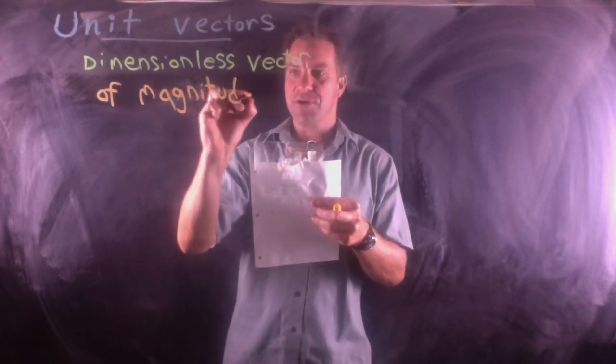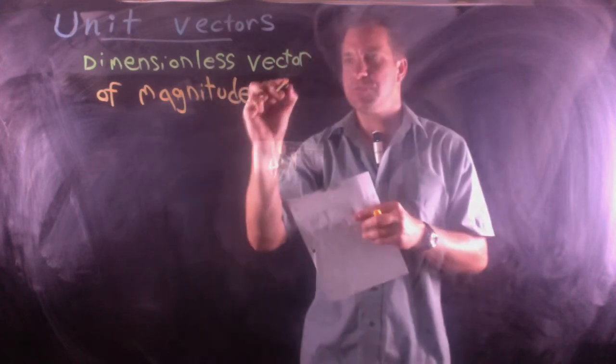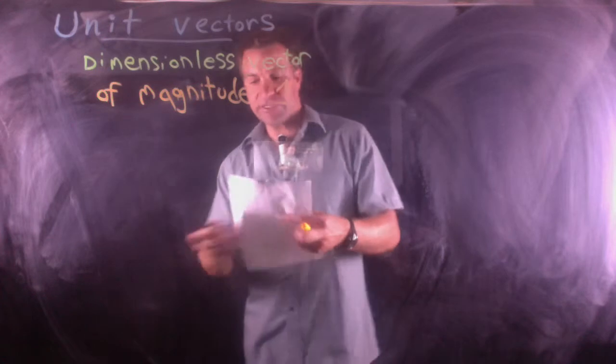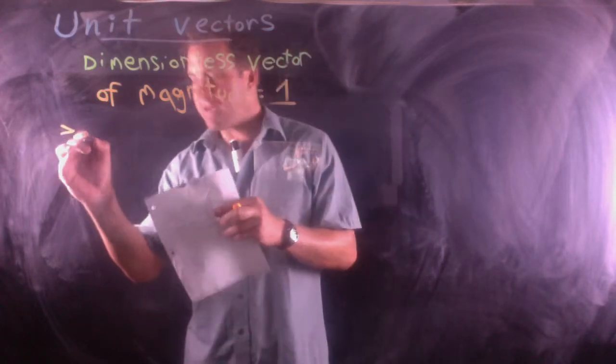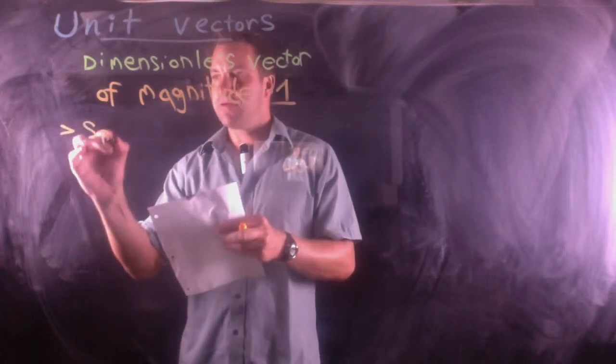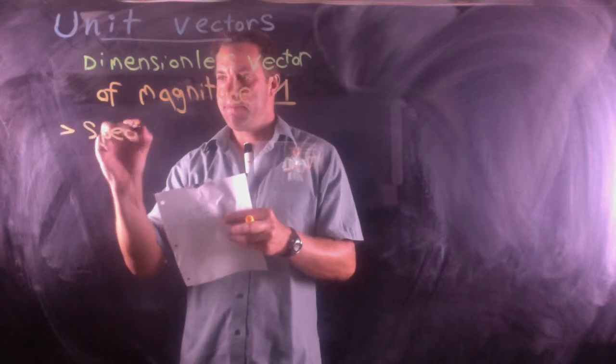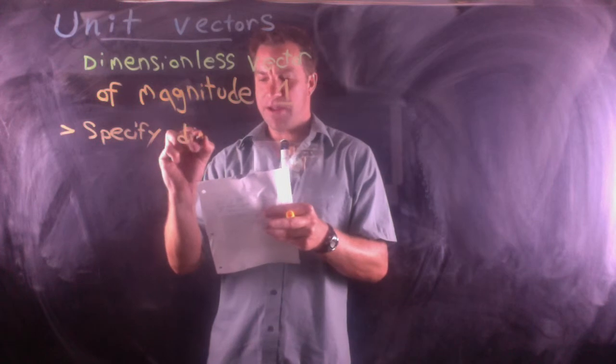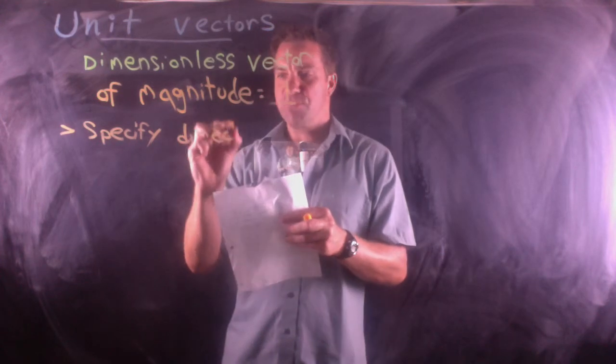Okay, and that's why it's called a unit vector, because it's equal to 1. And the only thing that unit vectors do is they just specify direction. Okay? They specify the direction that you're moving.